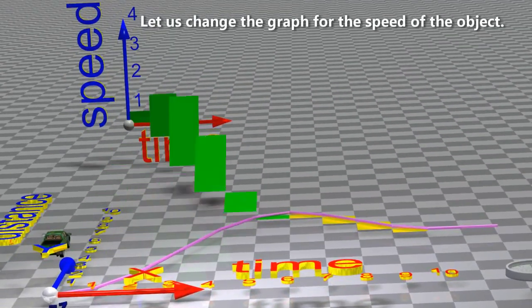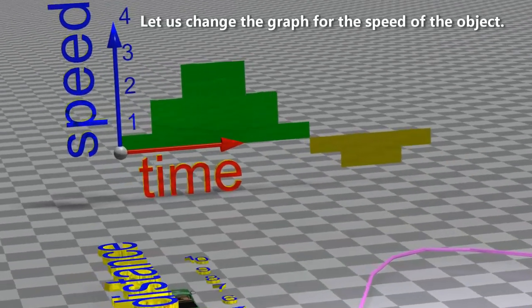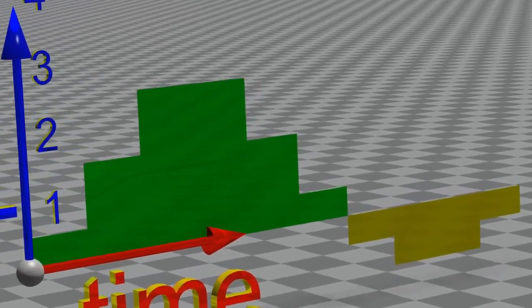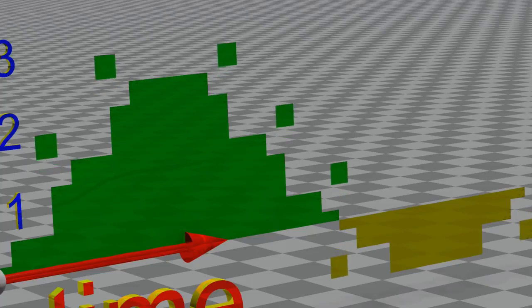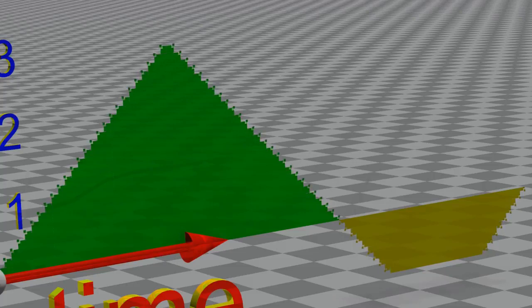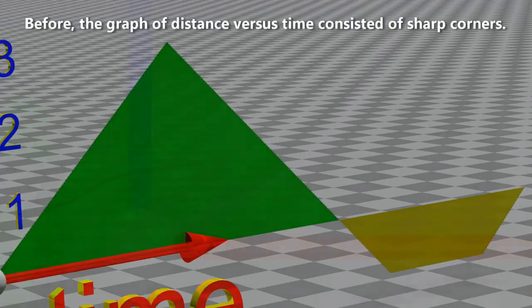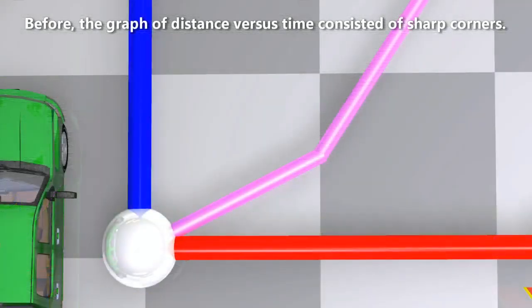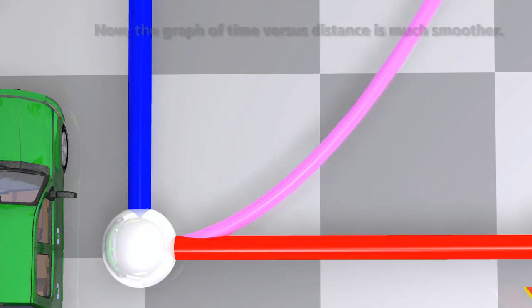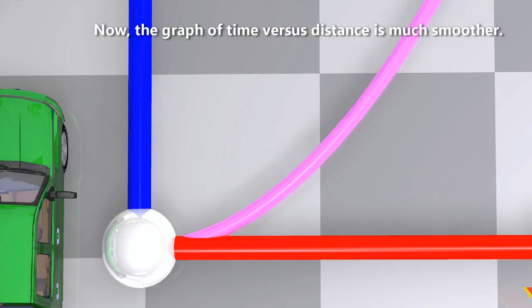Let us change the graph for the speed of the object. Before, the graph of distance versus time consisted of sharp corners. Now the graph of time versus distance is much smoother.